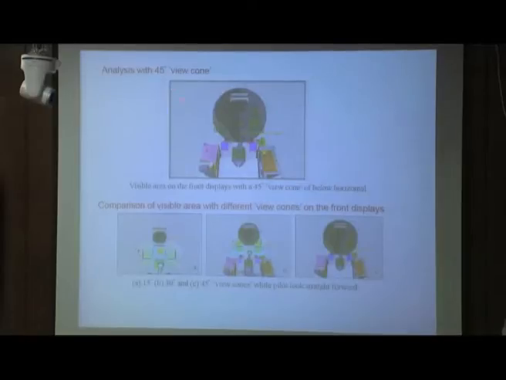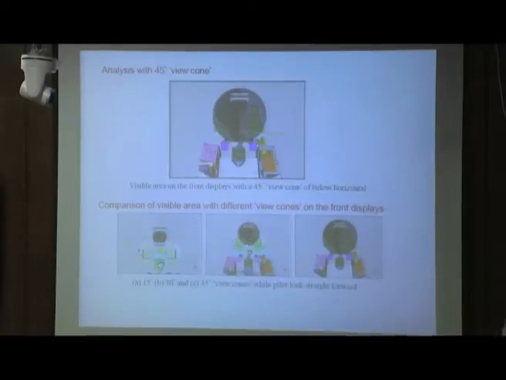Similarly, if a bigger view cone of 45 degree is created, then most of the displays are covered. So we can mention that in this particular case, with the 45 degree view cone, most of the displays are visible. Here is one comparison starting from 15 degree, 30 degree and 45 degree.